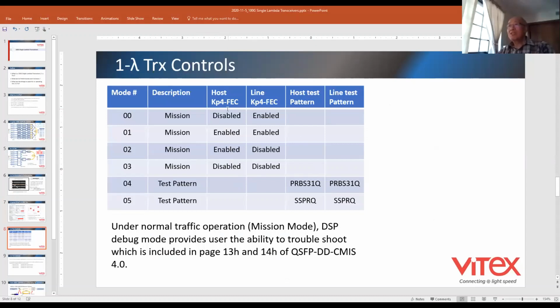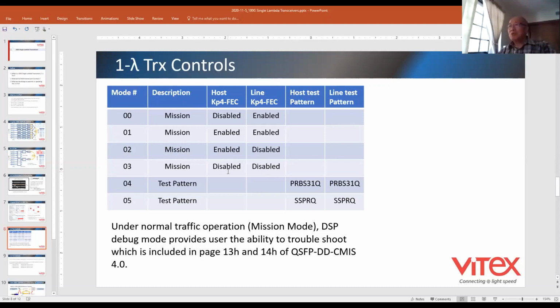You know that there is a logical table here, but this table was developed before CMIS 4.0 was released. In the early days, this table was embedded into some user EEPROM for the user to use.